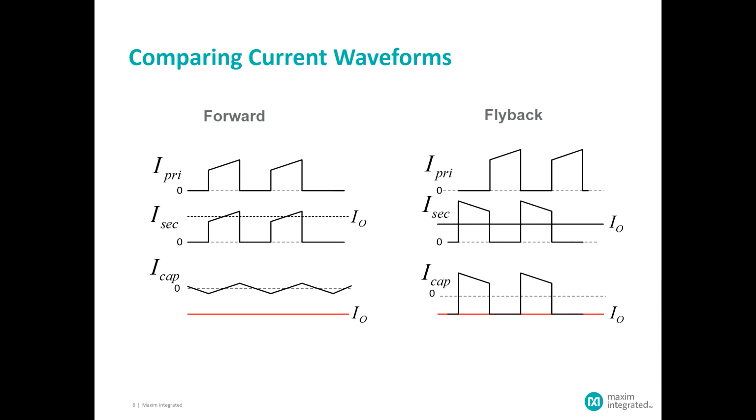And the secondary follows that current very closely with, of course, a turns ratio relationship. If the turns ratio isn't 1-to-1, the current would follow the turns ratio.